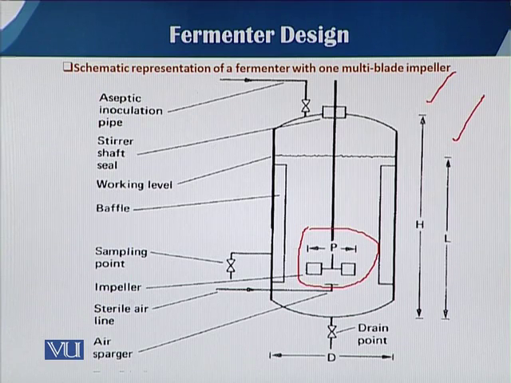Sometimes there is one impeller having 3 blades, 4 blades, or 6 blades, just like a ceiling fan having 3 blades, and sometimes a pedestal fan having 4 blades. In the same way, in fermenters, impellers have different numbers of blades depending upon the type of the impeller. We will study the different types of impellers in detail later on.